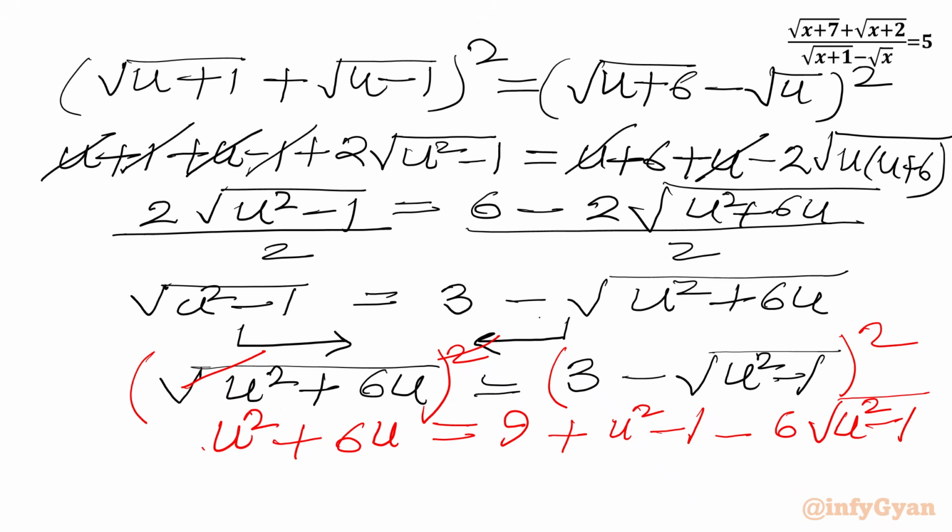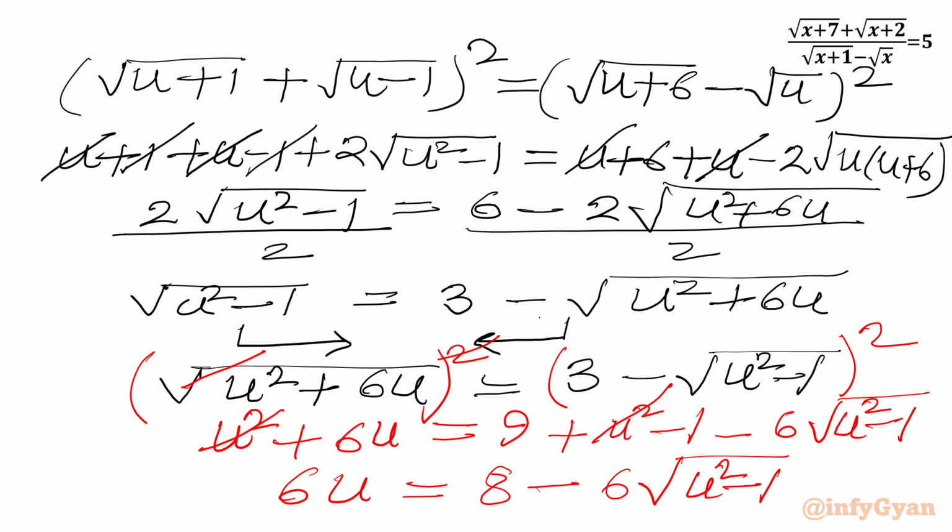Now we can subtract u square from both sides. So we will write the equation 6u equal to 8 minus 6 square root of u square minus 1. Again our equation is divisible by 2.